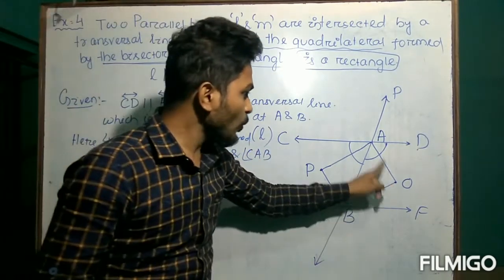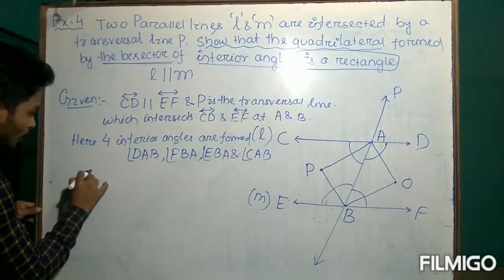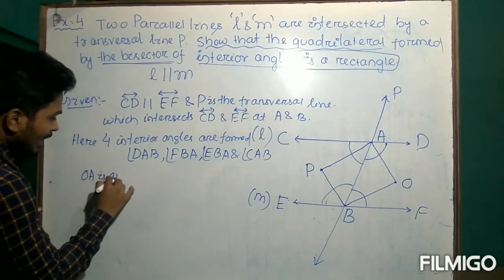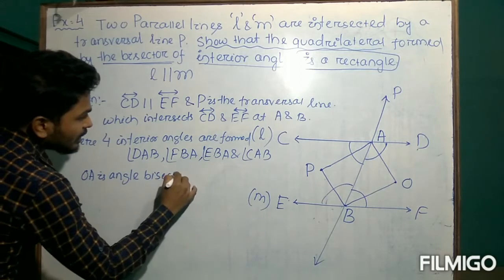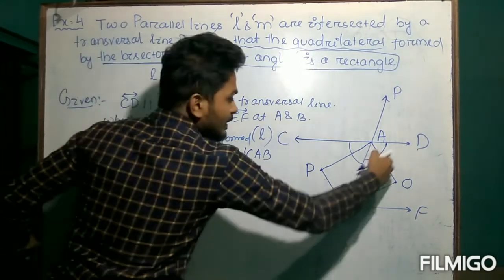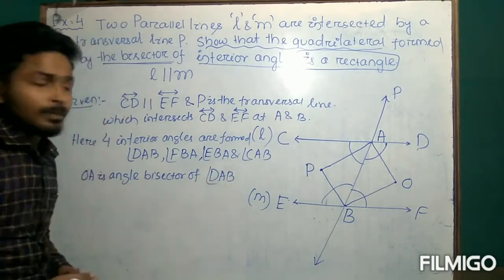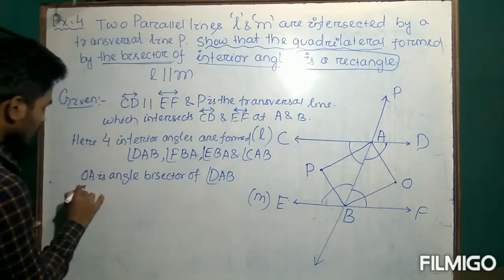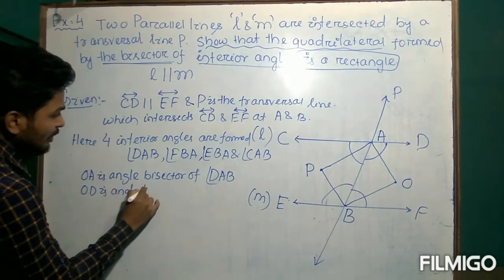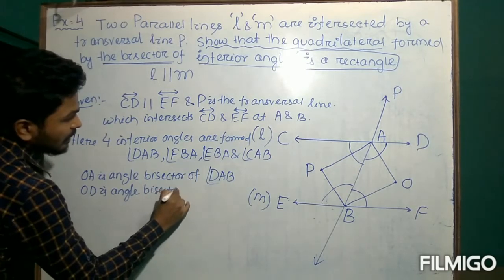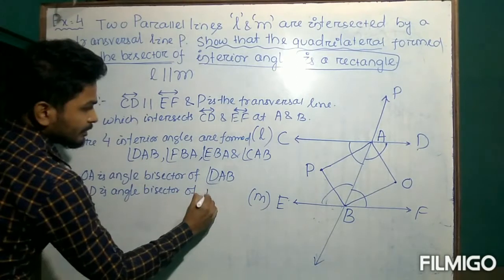Now OA is the angle bisector of this angle, so you have to also write it. OA is the angle bisector of angle DAB. Similarly, OB is the angle bisector of this angle FBA.